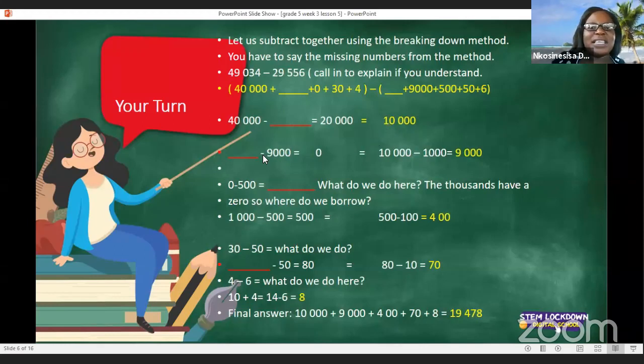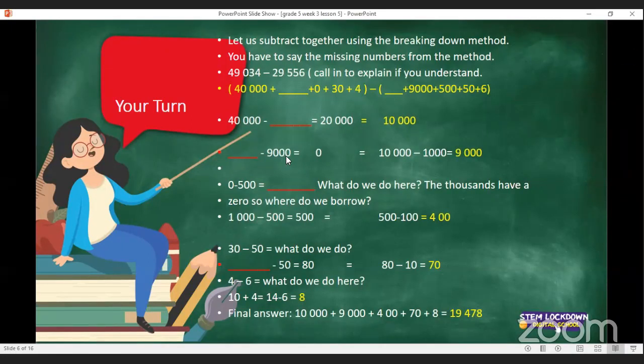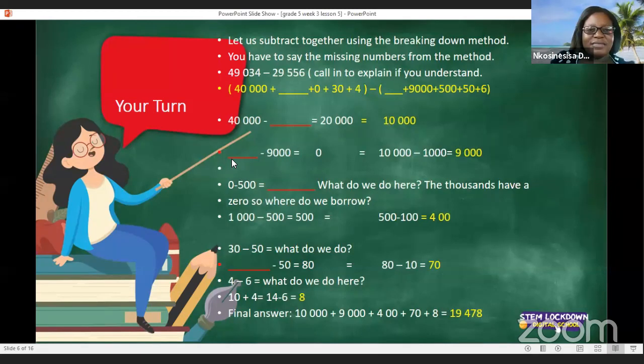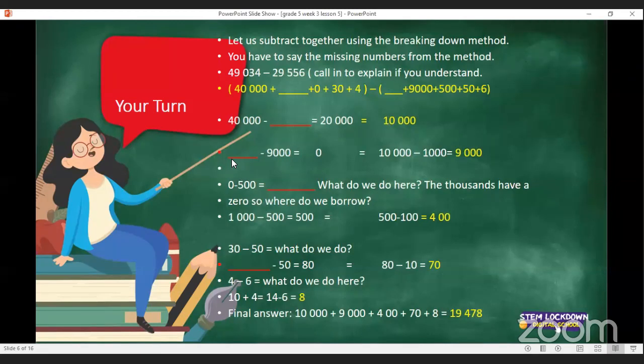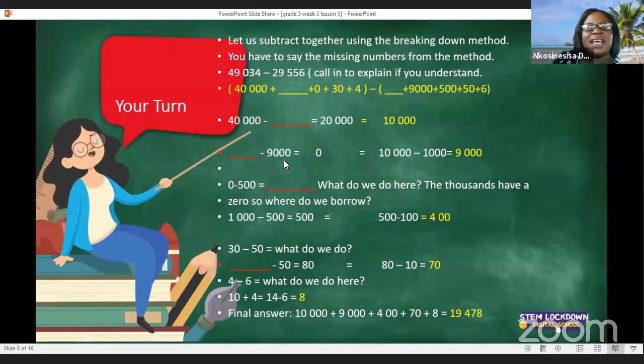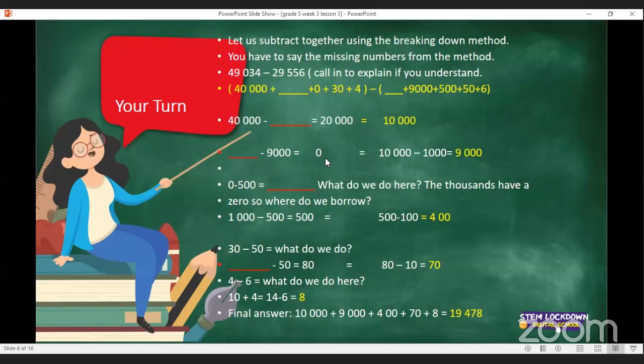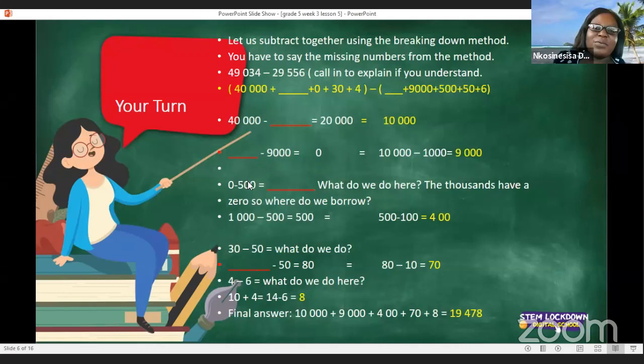So now here, which number is missing on the thousands? 9,000 minus 9,000? Well done. And it gives us what? 0.